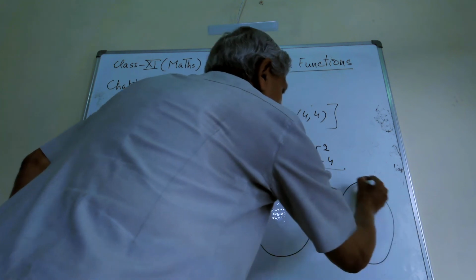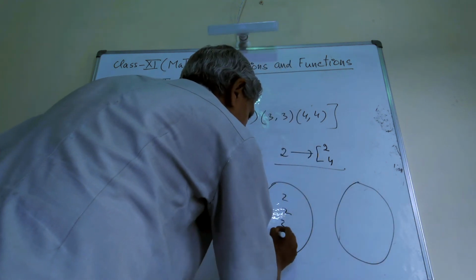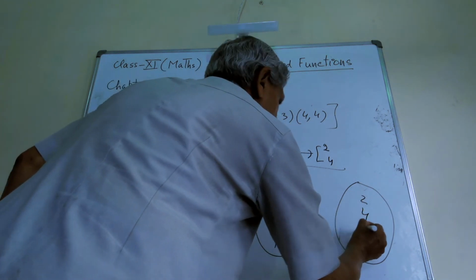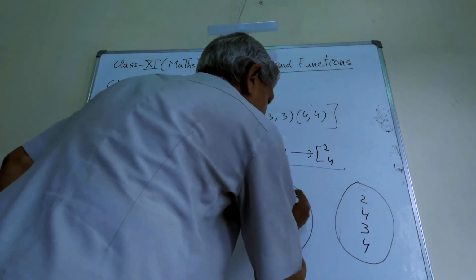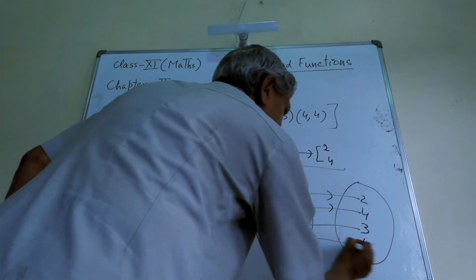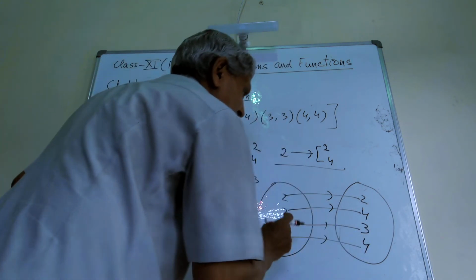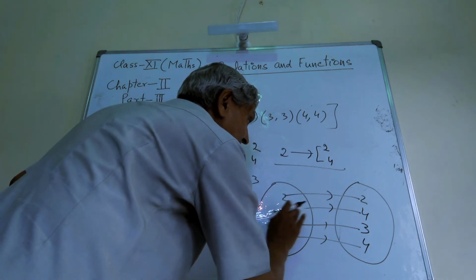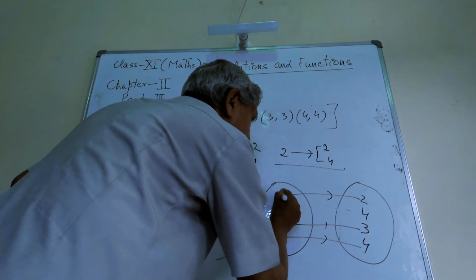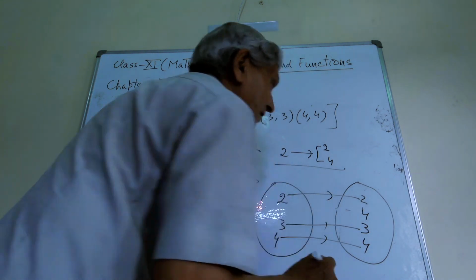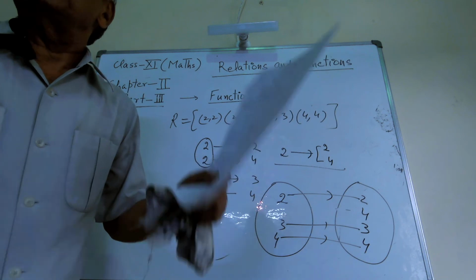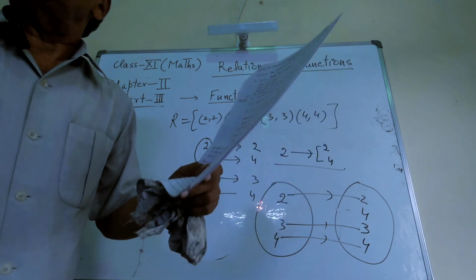By the diagram you see 2, 2, 3, 4, 4. These are the images. Or you can write it again. I am writing it again for your understanding. 2 write once, because I have said so many times there should be no repetition in the set of elements. Elements should not be repeated in a set.